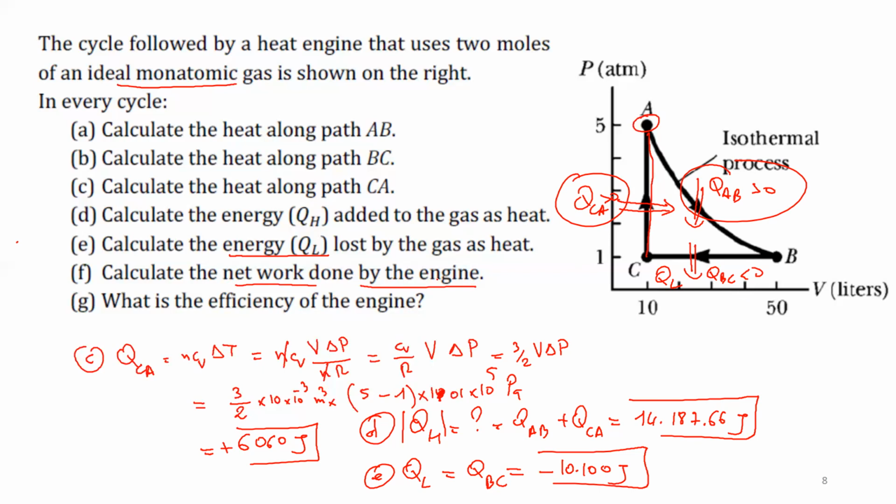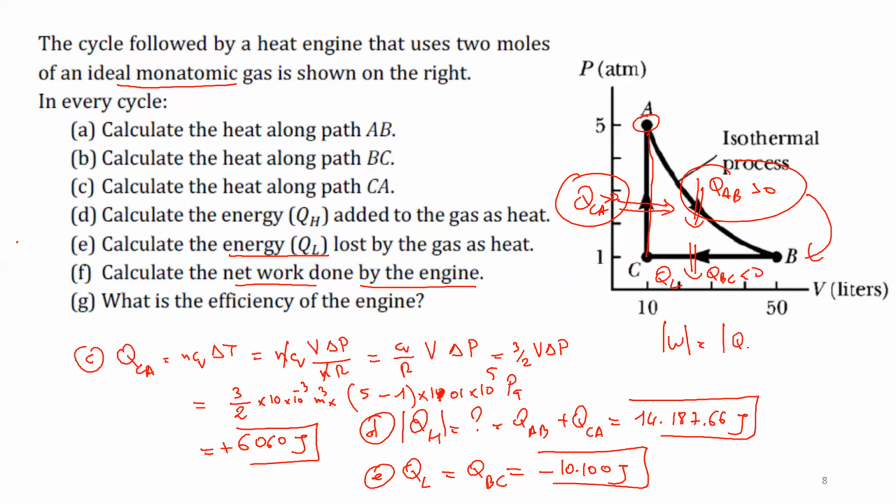So now calculate the net work done by the gas, okay? Net work done by the engine, which is the net work done by the gas during one cycle. You know that the net work here will be what? Positive, because you see my cycle is rotating clockwise. So the net work is positive. That's why it's a heat engine, right? Otherwise it will be a refrigerator, but here it's a heat engine. What is net work?